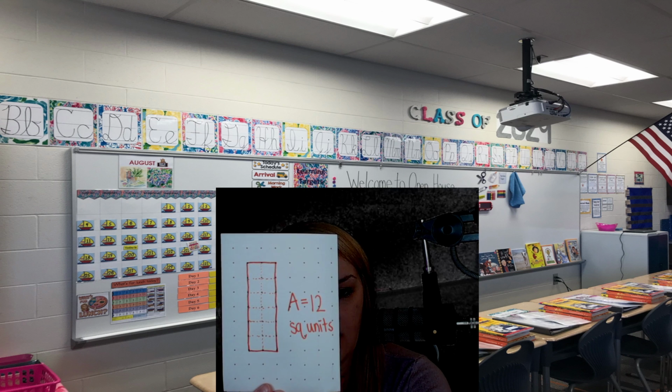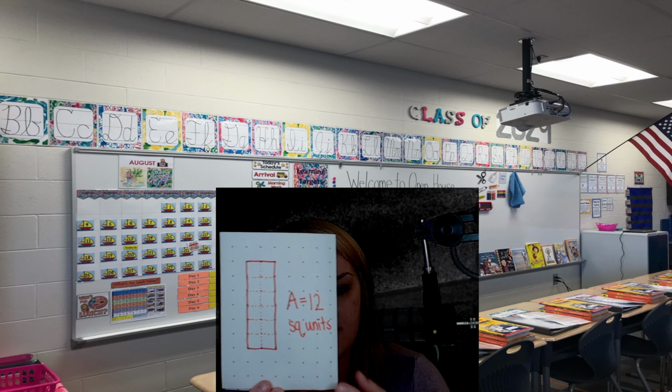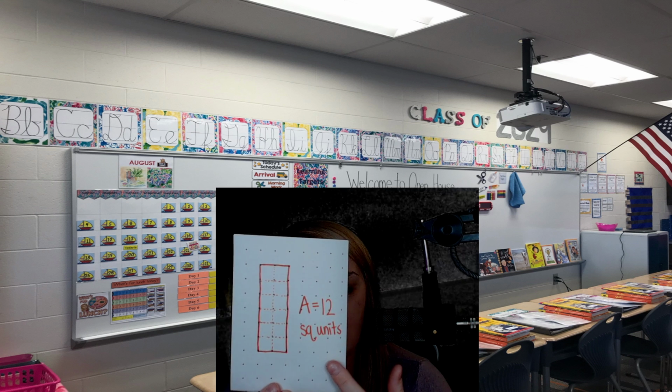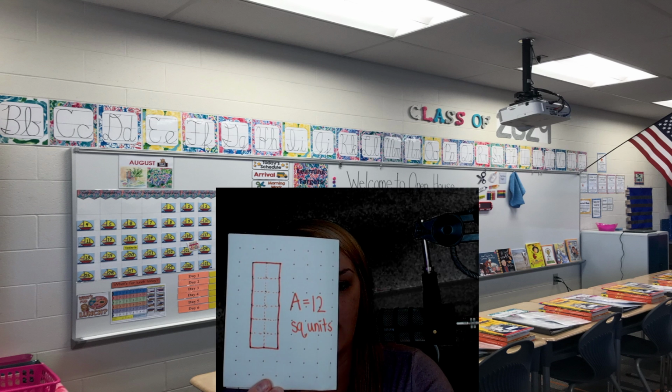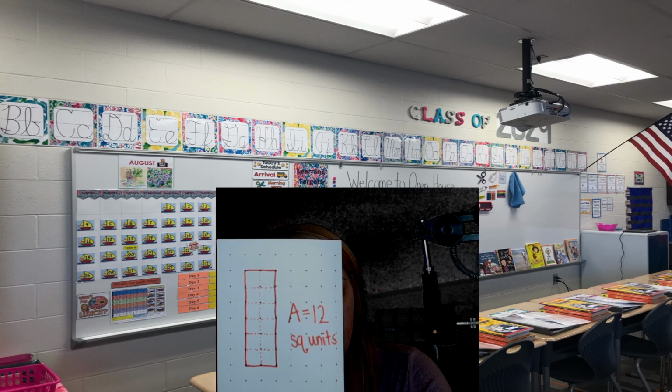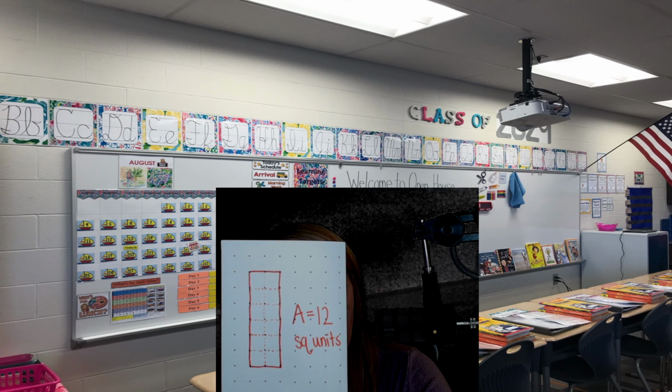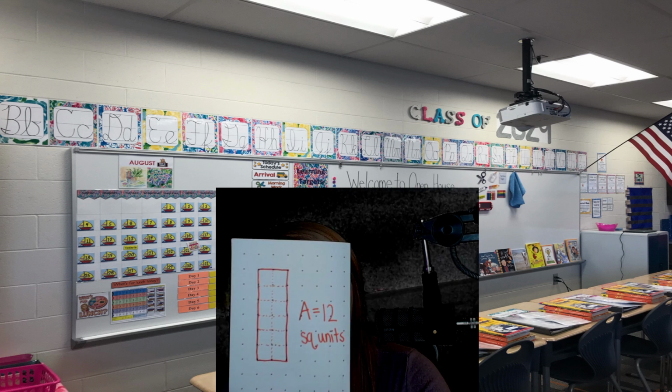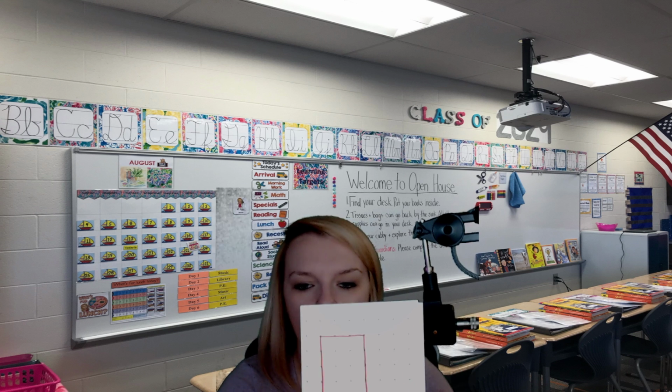And I already gave you the answer. The area is 12 square units. You can see all around there are just dots. The dots aren't connected. I used little dot lines to connect them to make those 12 squares. Okay. Let's try this one.